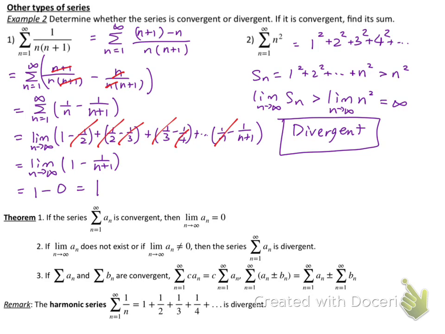The series cannot be convergent. Okay, so that's a very useful theorem to decide that a series does not converge. It doesn't guarantee it will converge, but it will guarantee you the series does not converge.